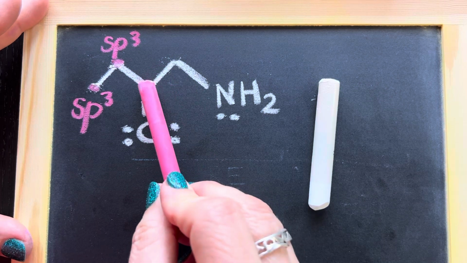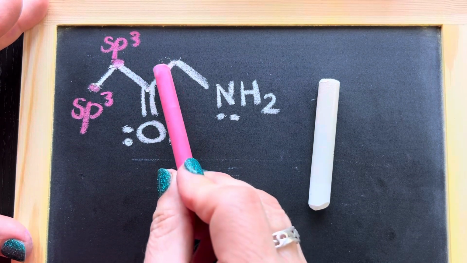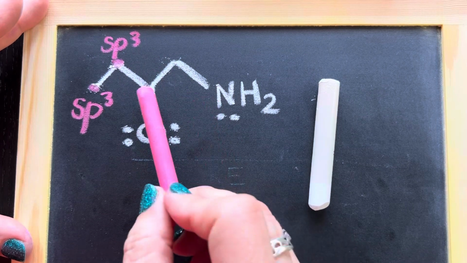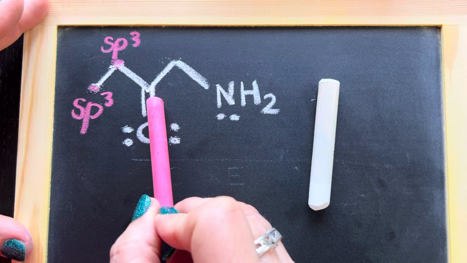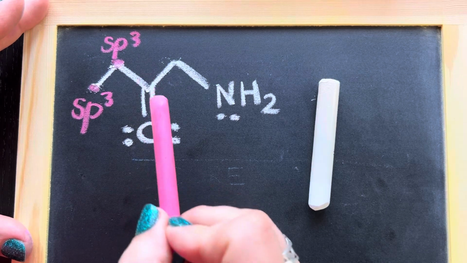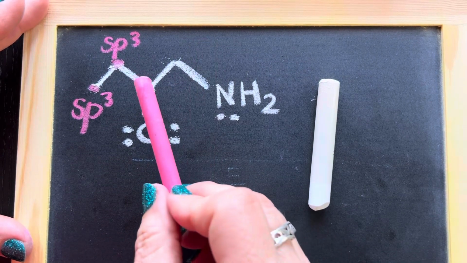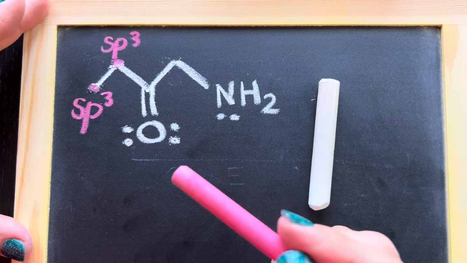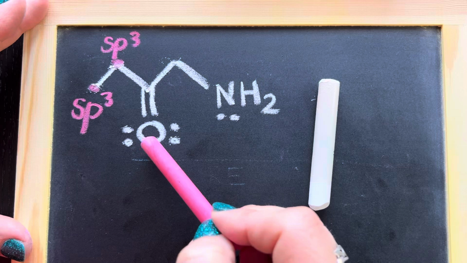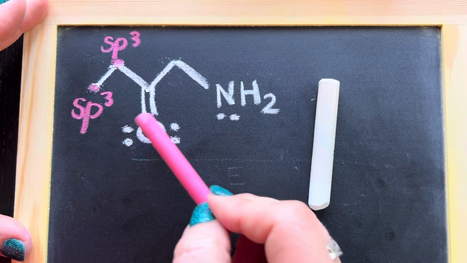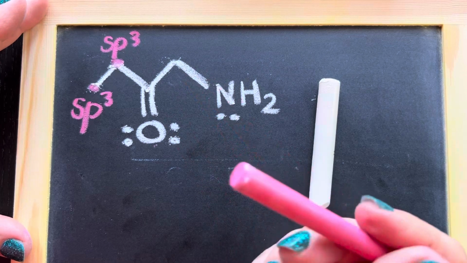Okay, so now we have a carbon. There's 2 single sigma bonds. And then here's a double bond, 1 sigma, 1 pi. And if there's a pi bond, it means that we need to have a pure unhybridized p orbital in order to overlap with that of the oxygen and create the pi bond for this double bond here.